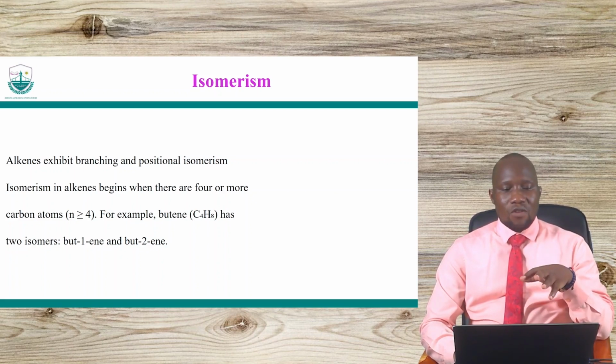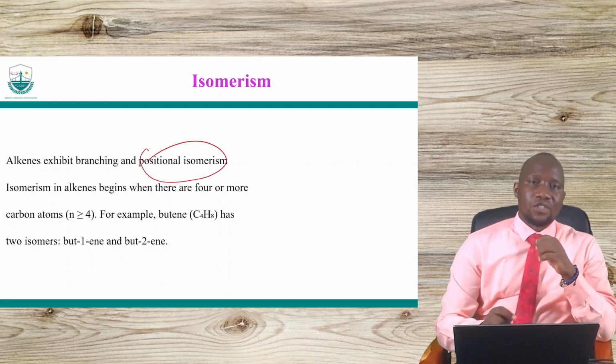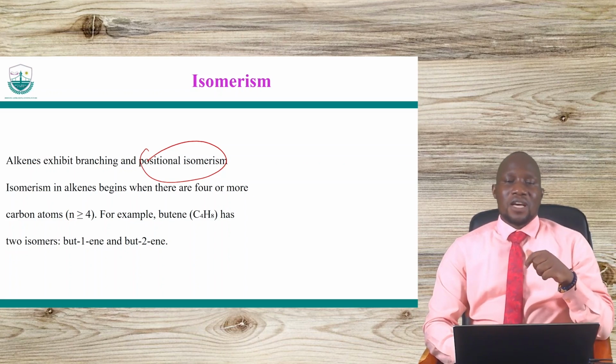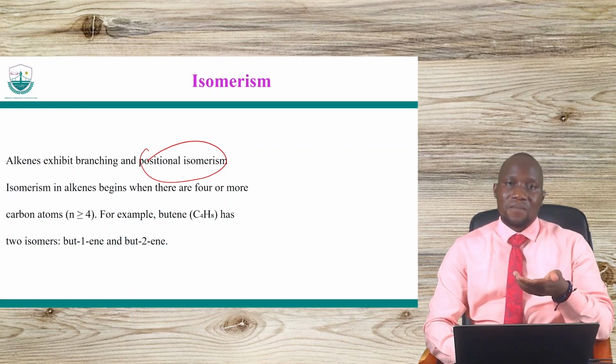But the other concept that is also very important that we are looking at now is what you call positional isomerism. In this case, we are referring to the position of the functional group, and in alkenes, the functional group is basically the double bond, because the double bond is the one which will influence the characteristics of the alkenes.